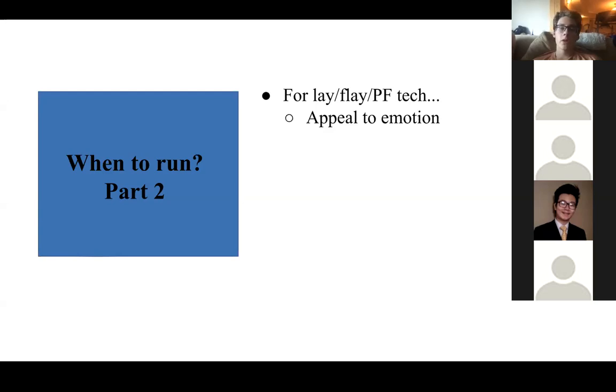Firstly, you need to appeal to emotion. Critiques are oftentimes very personal arguments. They're identity-based. They can be pretty sensitive topics. This means you need to handle them with extreme care and with authenticity, and not in a commodifying way. But it also means that you have a lot of room to appeal to emotion.